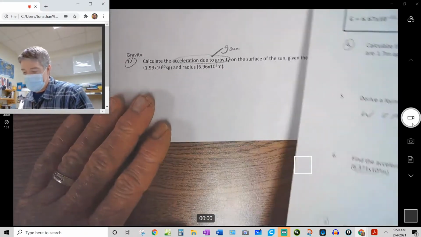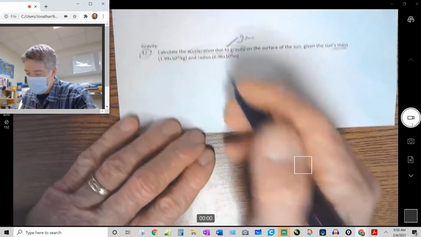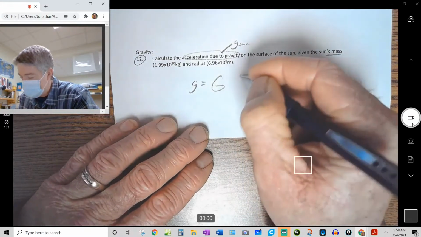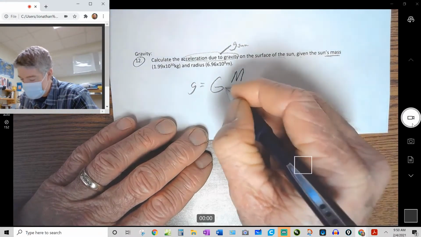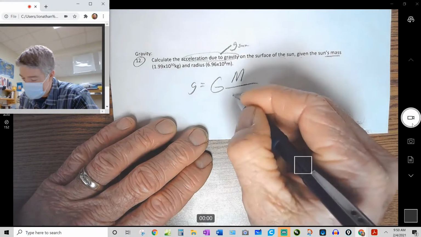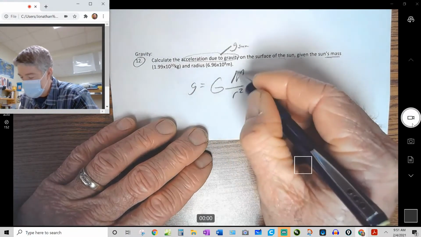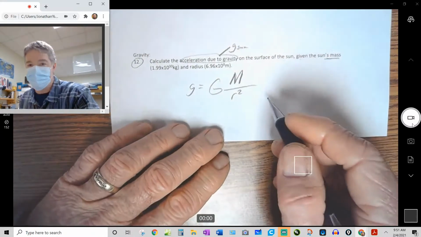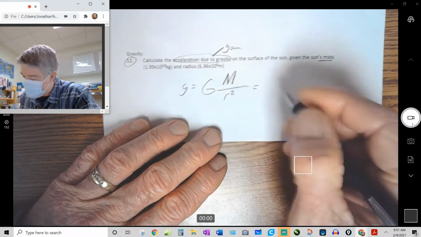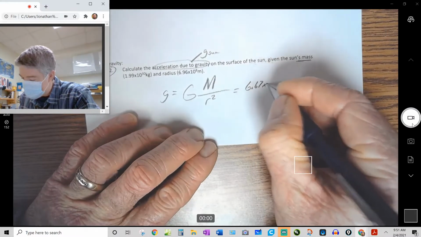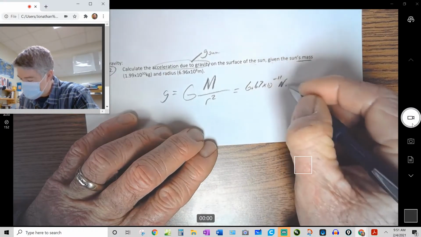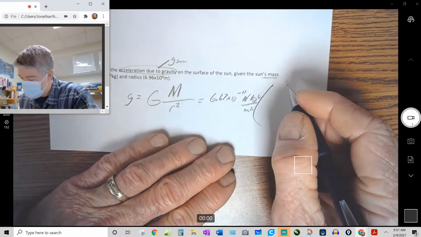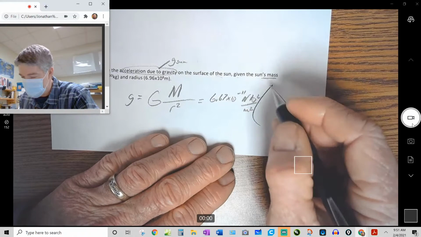So I'm just going to use the same formula again. g equals big G times the mass of the sun over r squared. So this would be the mass of the thing whose acceleration of gravity you're trying to find. So this is 6.67 times 10 to the negative 11th newton kilograms squared per meter squared times, oh, the sun's mass.